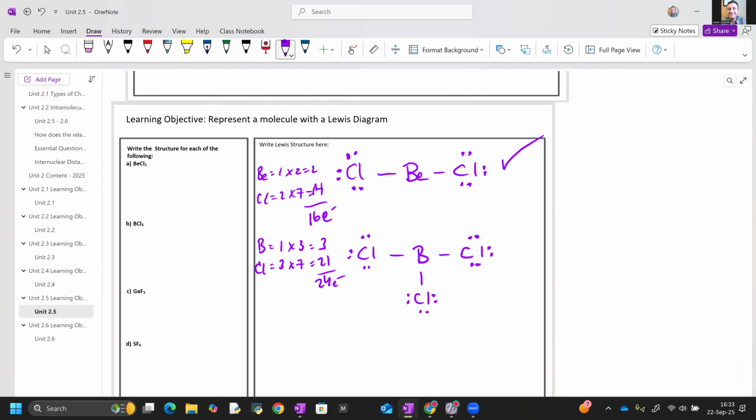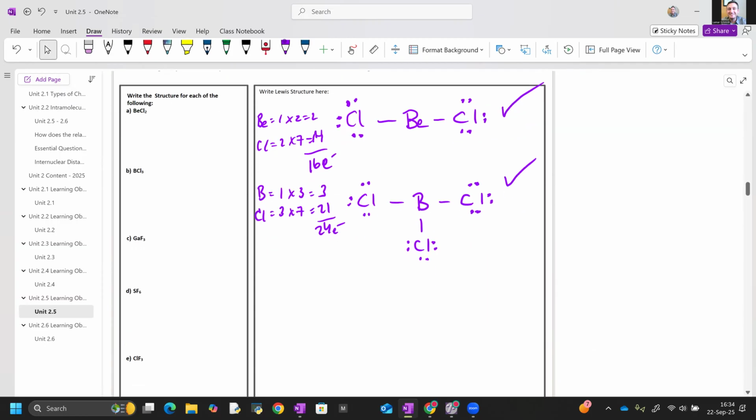Now we're satisfied with 24, but notice boron does not have an octet. Is that okay? That is okay because boron is an exception to the octet rule and is more stable with only 6 shared electrons. And so we can say that is good and we don't need to do any further work.